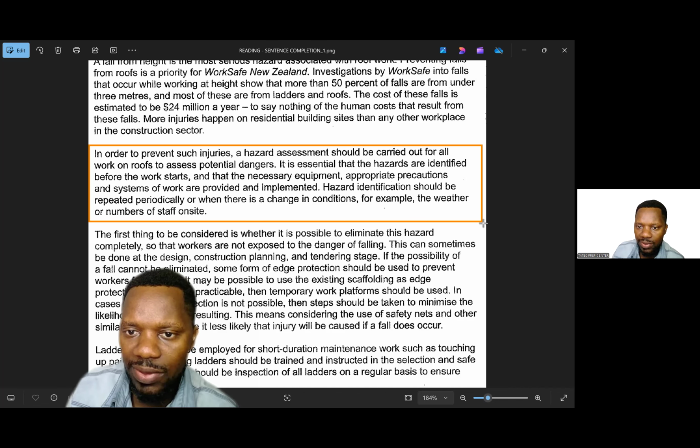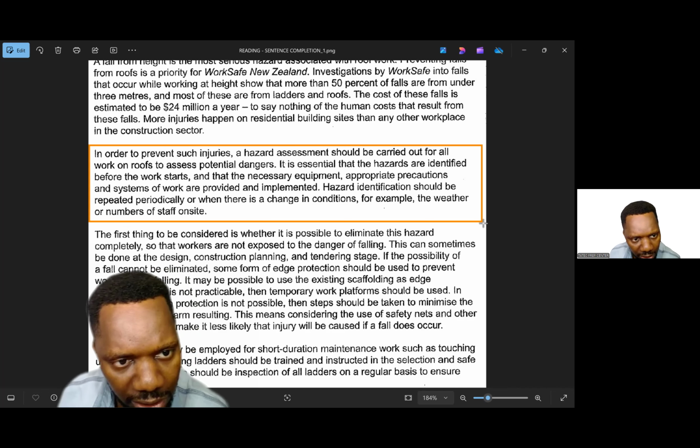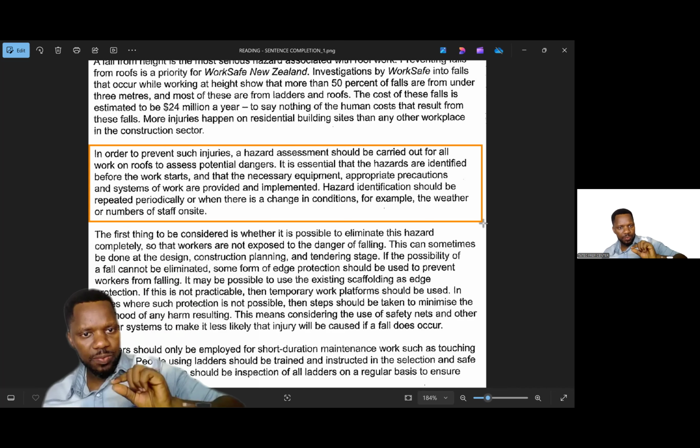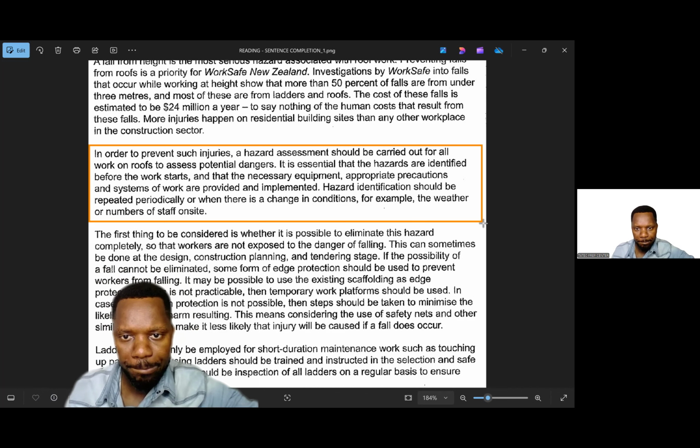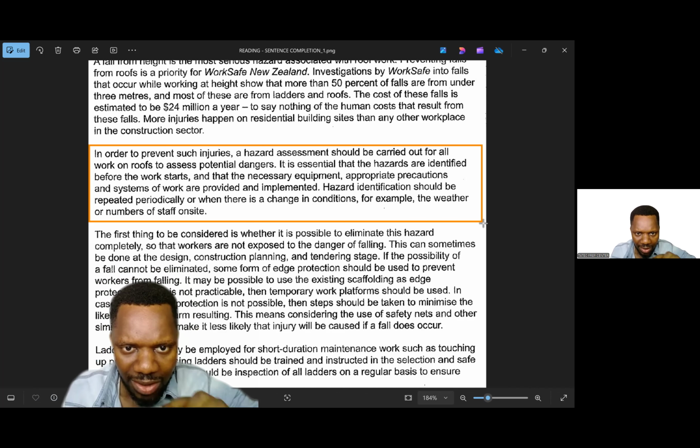It is essential that the hazards are identified before the work starts, and that the necessary equipment, appropriate precautions, and systems of work are provided and implemented.